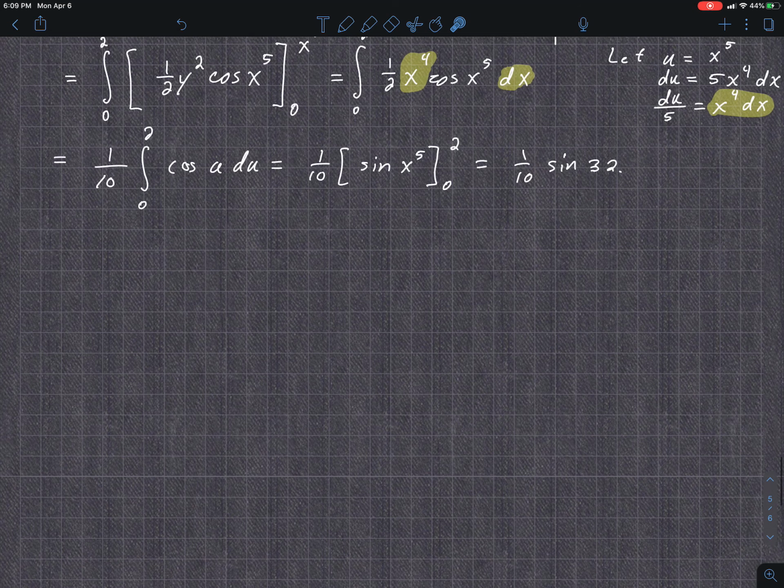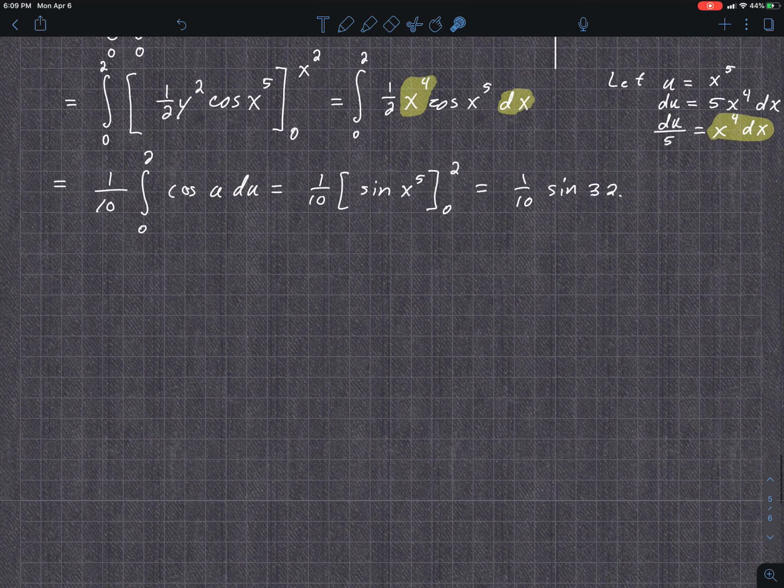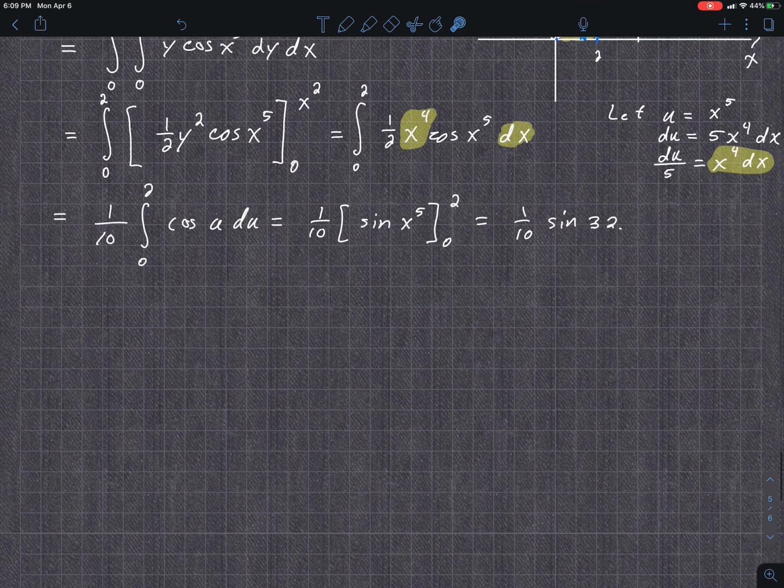So now let's look at the question about area. We'll find the area between two curves. So check this out. Next example.